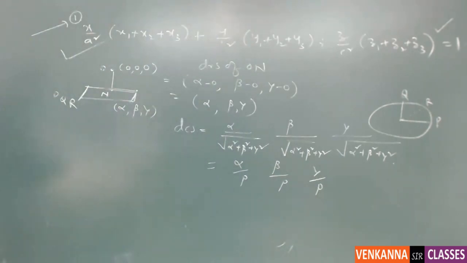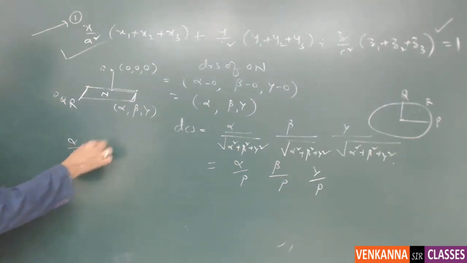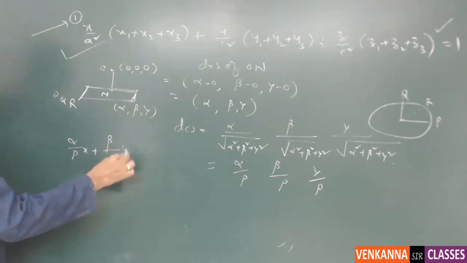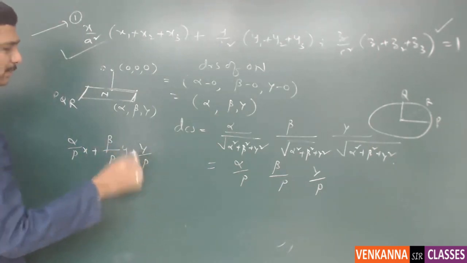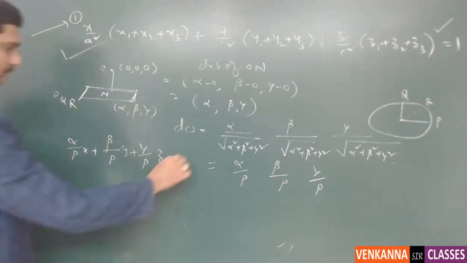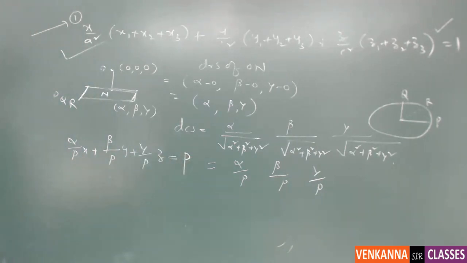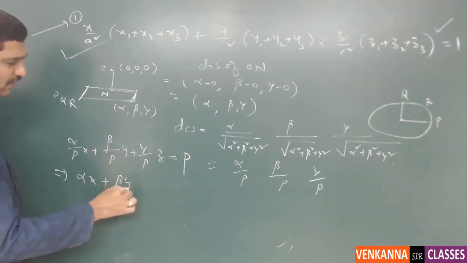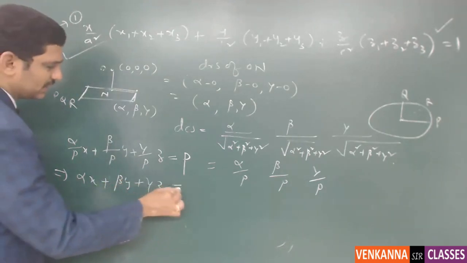So what could be my respective plane equation PQR? It is nothing but alpha by p into x plus beta by p into y plus gamma by p into z is equal to p, the distance value. The formula Lx plus My plus Nz is equal to p I have written. So which is nothing but alpha x plus beta y plus gamma z is equal to p square.